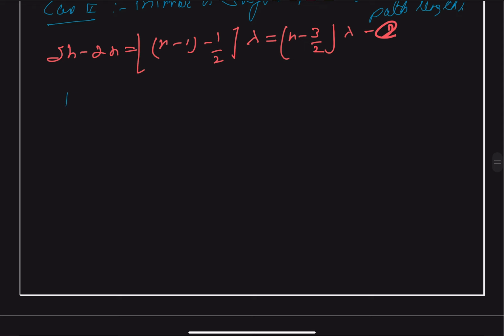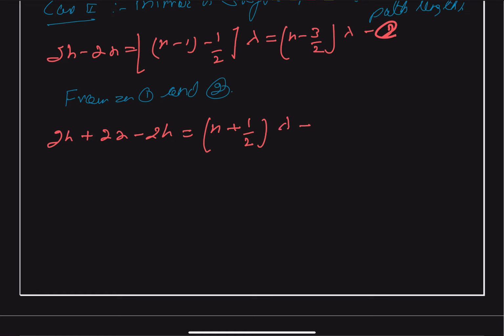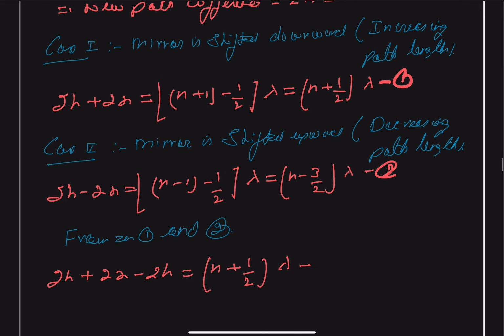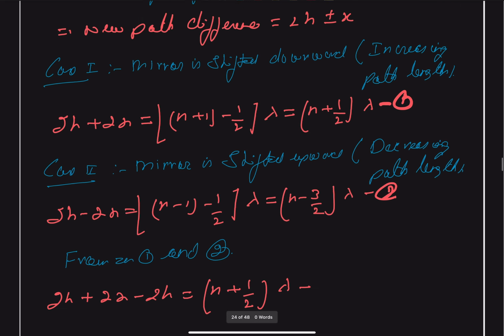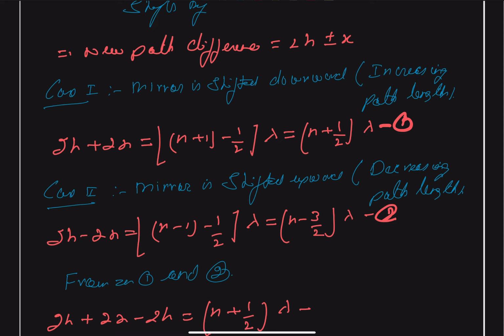So from equation 1 and 2, you can say about 2h plus 2x minus 2h is equal to n plus 1 by 2 lambda minus, and here we have, one second, I think there is some plus minus 3 by 2.